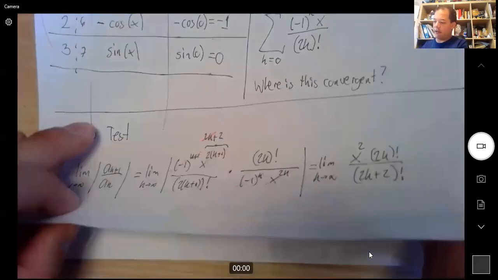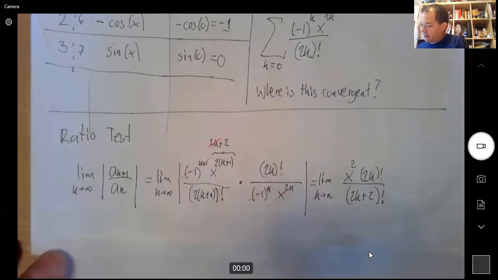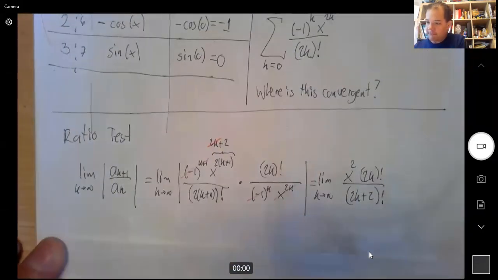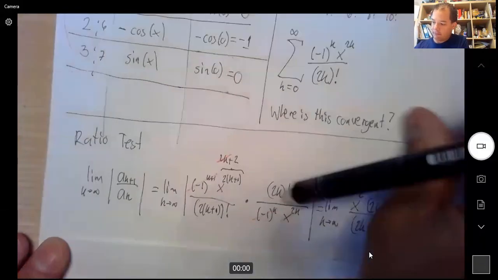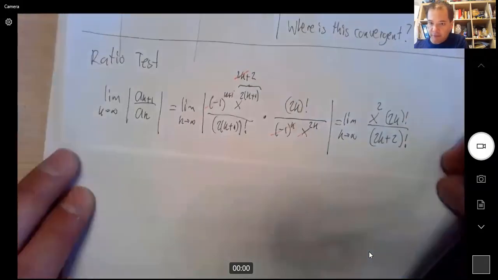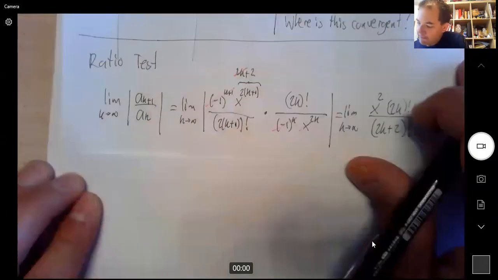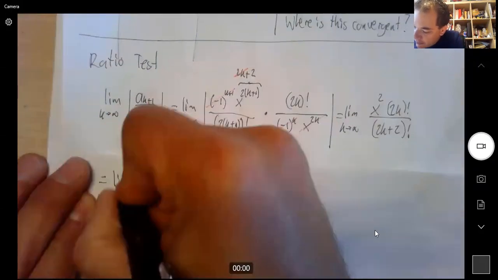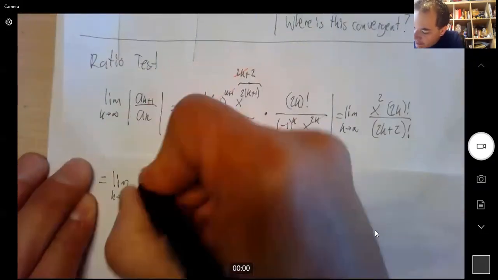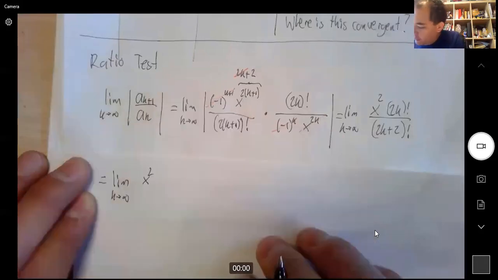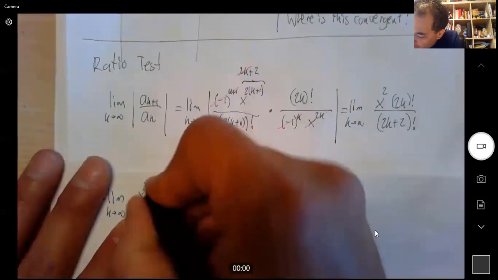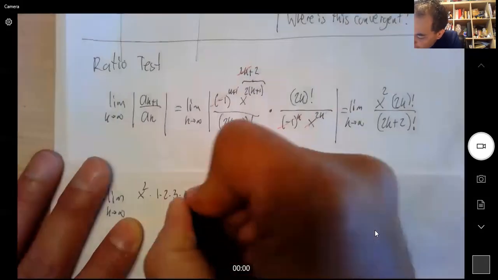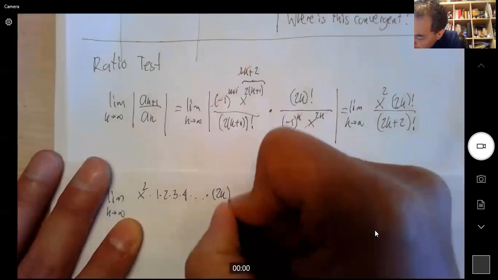Let's expand that expression out. So this will look like the limit when k goes to infinity of x squared, and then what is 2k factorial? Well, 2k factorial is 1 times 2 times 3 times 4 all the way to 2k.